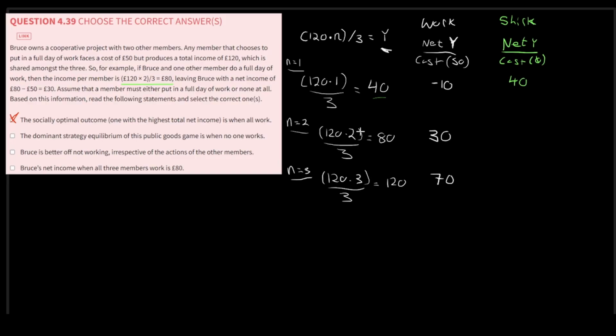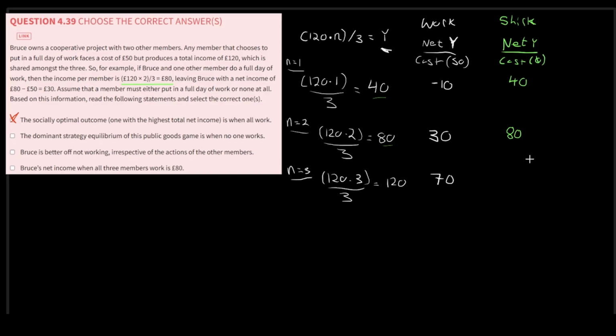If two people work, that would be 120 times 2, so 240 split 3 ways, that's $80 each. I don't have any negative cost, so I just get $80 worth of income. Now, mind you, we can't do this one because I can't shirk and have all three people work. So this one is just undefined. We can't look at that one as a possibility.